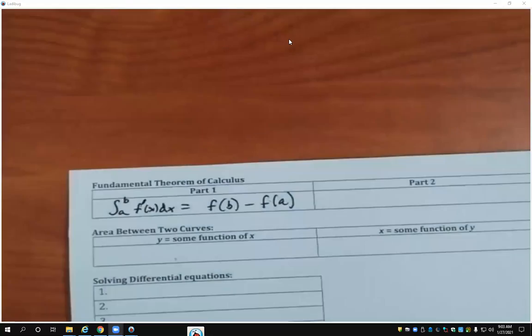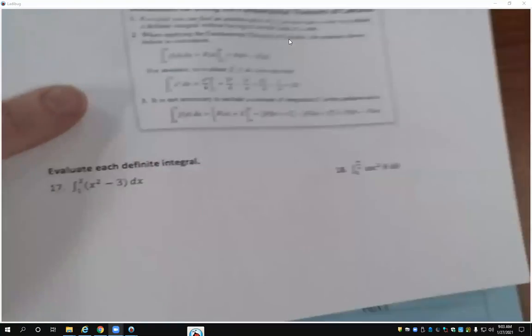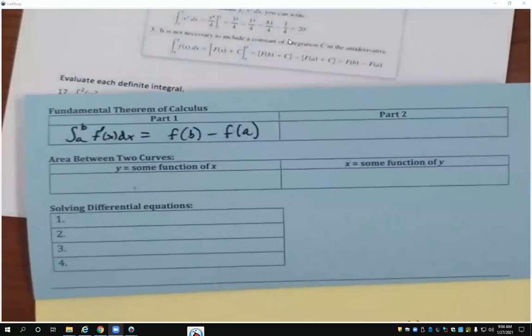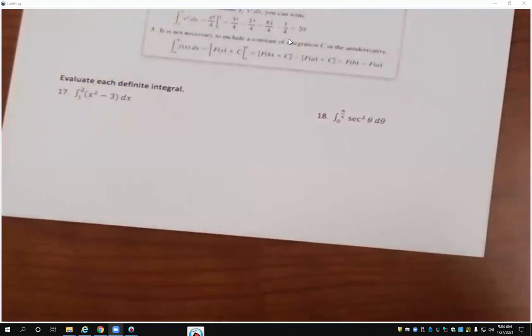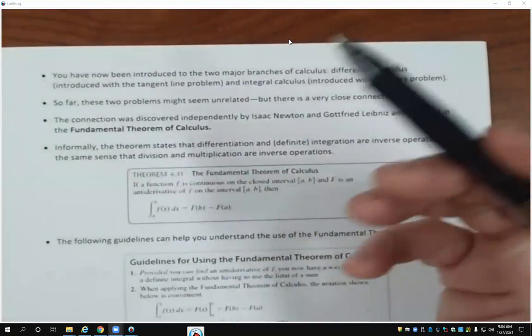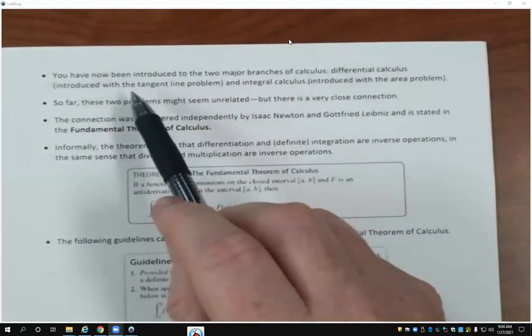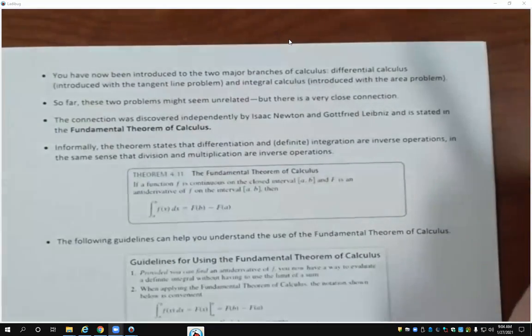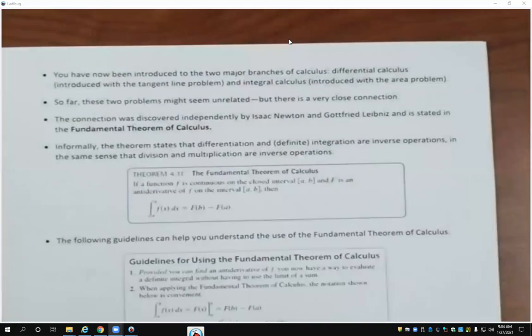All right, it's written down here again on the next page. Does anybody need that foldable anymore? We've been introduced, going all the way back to August now, to the two branches of calculus. There's differential calculus, which we did all first semester, derivatives.